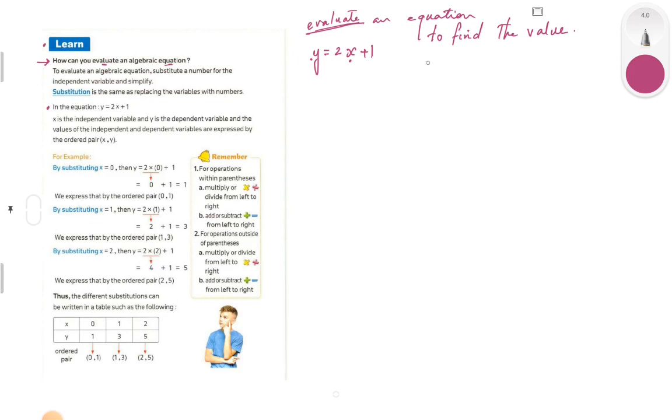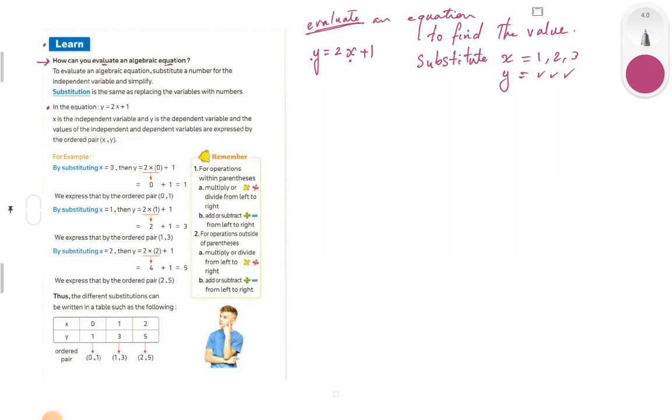Now if you substitute x by 1 or 2 or 3 or whatever, any number, okay, then you will find a different value each time.